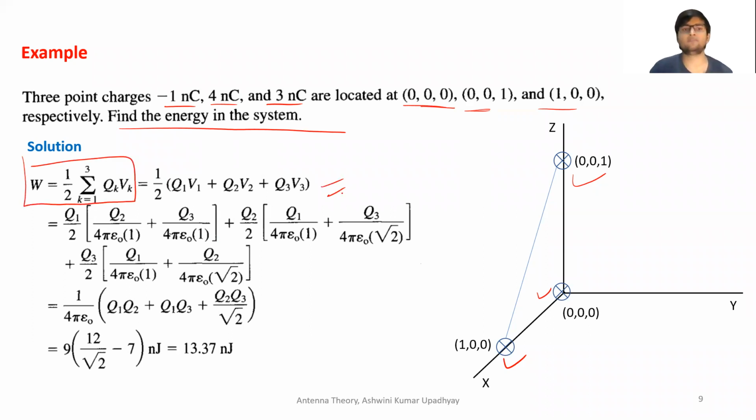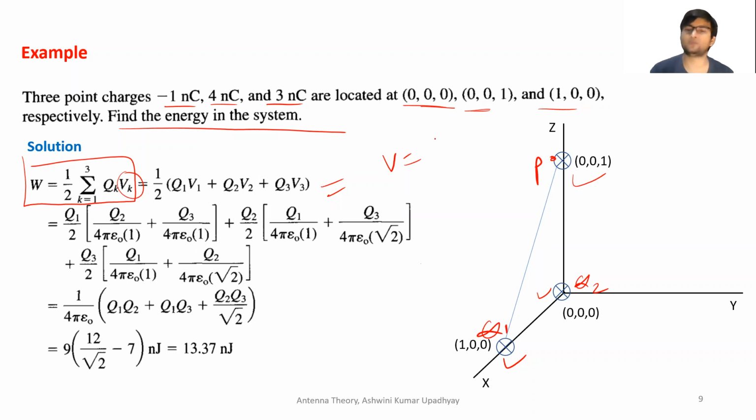From the previous formula, which is this, you just put all the values here, and you have to calculate the distance between all of these charges, because you know the formula for calculating voltage at any particular point. Because of some other charge, suppose this charge is q1, and this charge is q2, and let me call this point p. The voltage at this point p will be because of this q1 and q2.